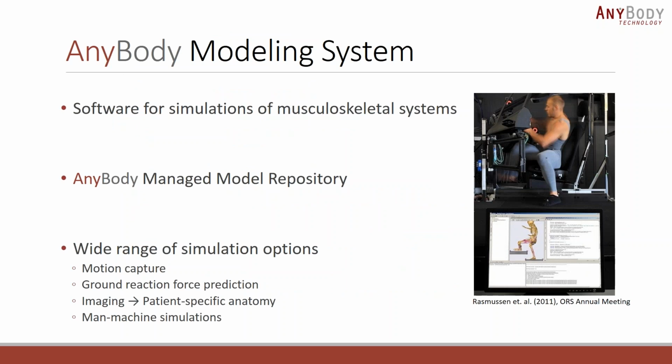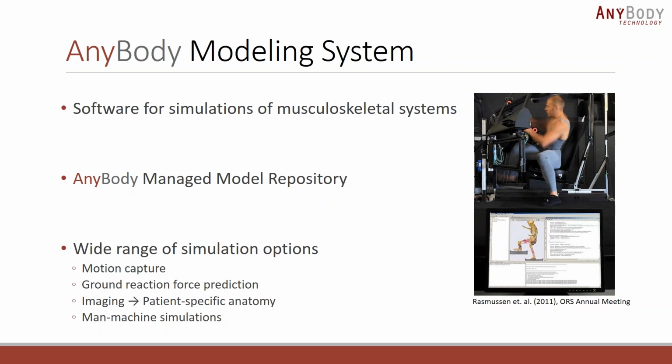Let's talk about then what the Anybody modeling system is, if you're not already familiar with it. The Anybody modeling system is a software for simulation of musculoskeletal systems. So besides the software system, which you see a small picture of here on the right side, Anybody is also a lot of models, which has been contributed by research groups around the world.